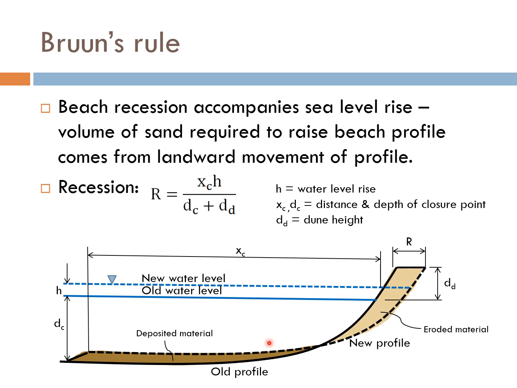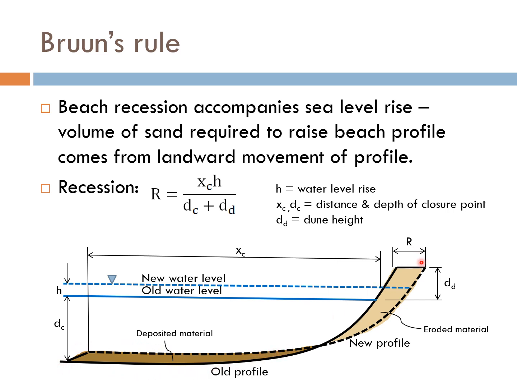Here what we see is that, for example, if this is the original profile given by the solid line and the dashed line is the new profile after coastal erosion, and the coastal erosion happens because of the change of water level H, then as wave is able to attack further inshore, this part of the material is lost to the lower part of the beach profile.